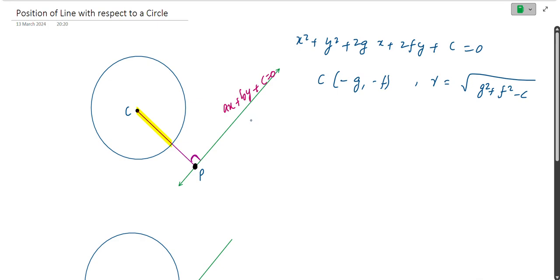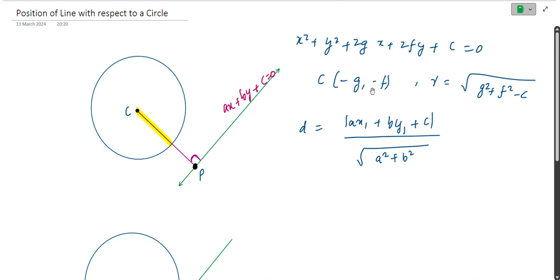We have the distance formula between a point and a line. That distance, denoted as D, is equal to mod of a x1 plus b y1 plus c, whole divided by under root a square plus b square.